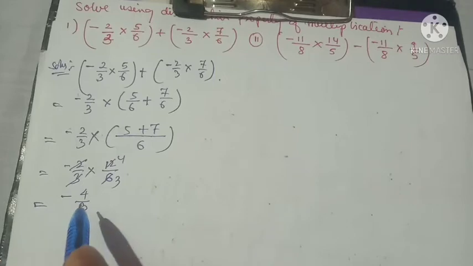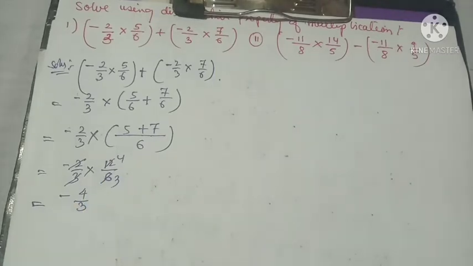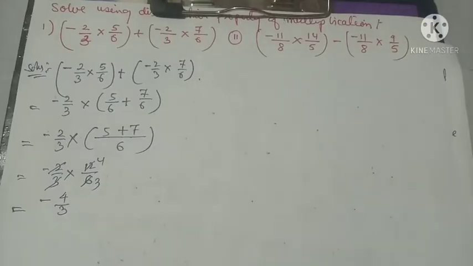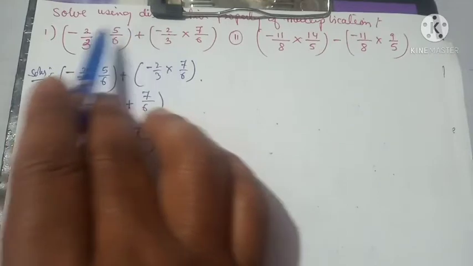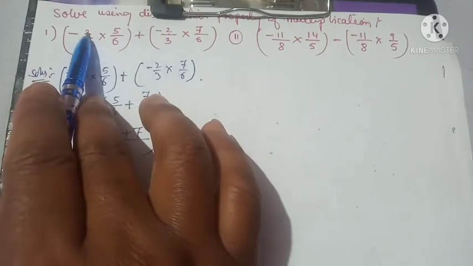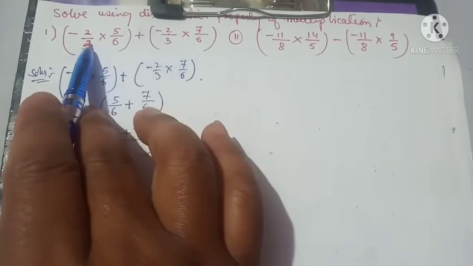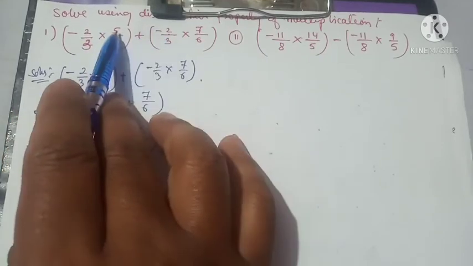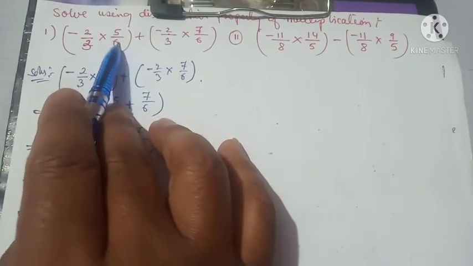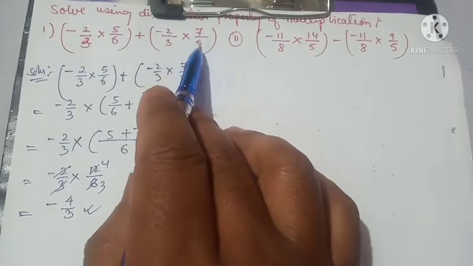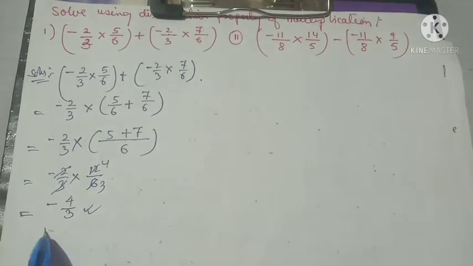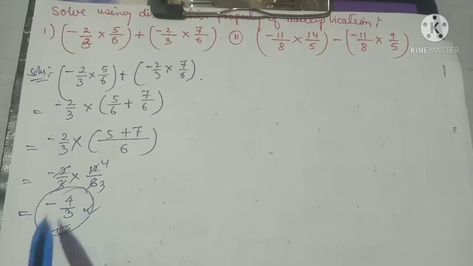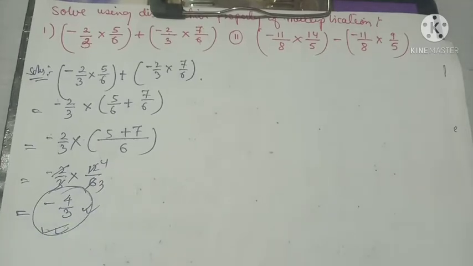The answer will be minus 4 by 3. So this is in the form of minus 2 by 3 as P by Q, 5 by 6 as R by S and 7 by 6 as U by V. We can find it by using the distributive property. The answer is minus 4 by 3.